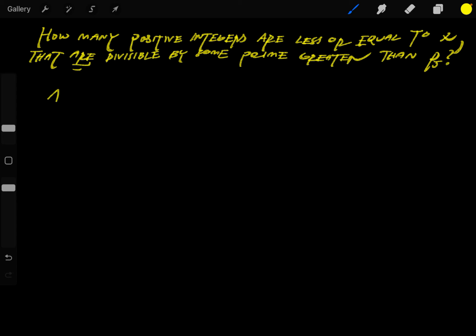At most, x over p sub j plus 1, right? That's how many positive integers there are less than or equal to x that are divisible by p sub j plus 1.